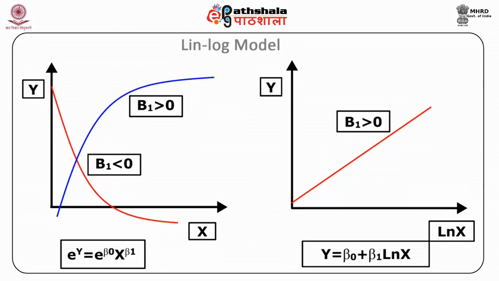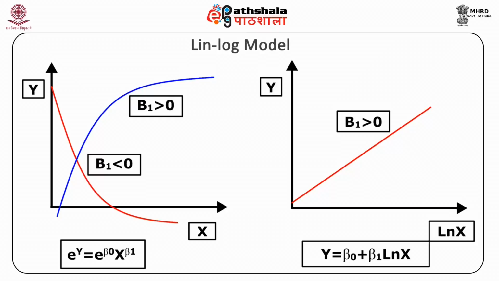The practical question is, when is a Lin-log model useful? An interesting application has been found in the so-called Engel expenditure. Engel found that food expenditures are an increasing function of income, but that food budget shares decrease with income, which explains the non-linearity.